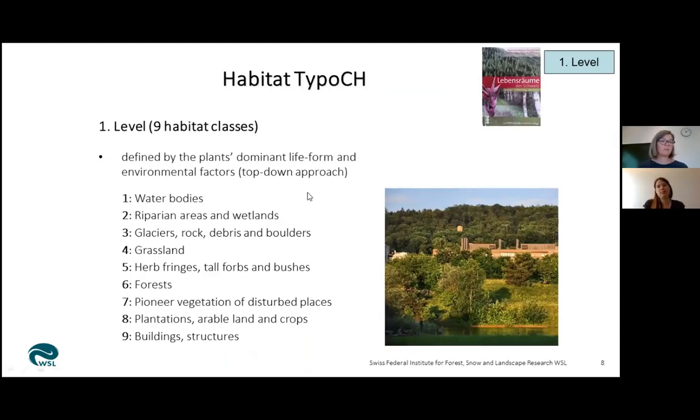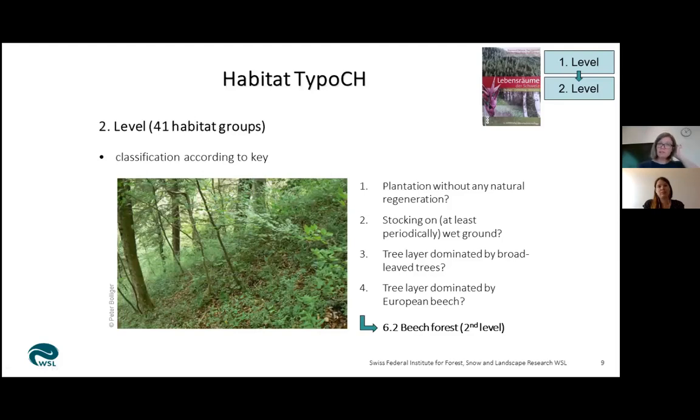So this is a top-down approach, and we have these 9 habitat classes. The second level, there's 41 habitat groups, and they're classified according to a key. And that's just an example there of, for instance, how the class 6.2 beech forest will be classified at the second level. And I won't go into details, just an example to explain what the second level is.